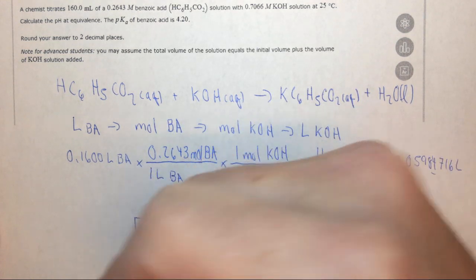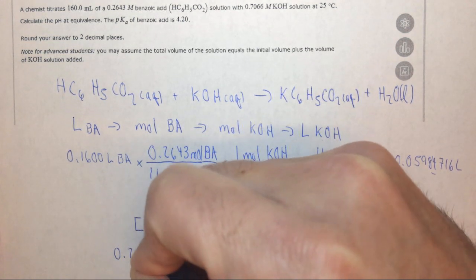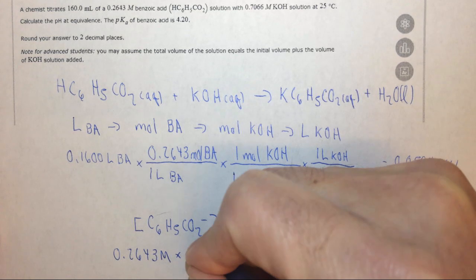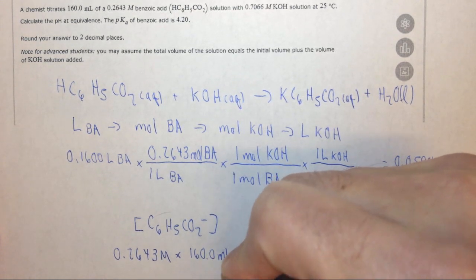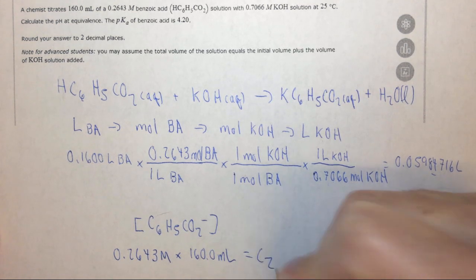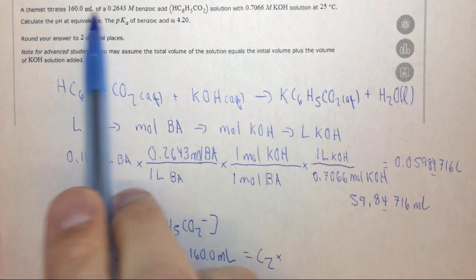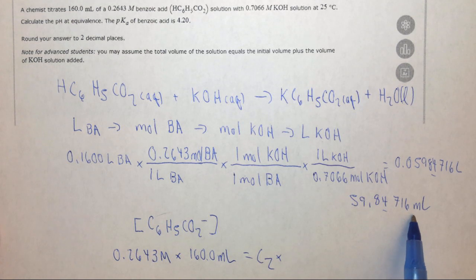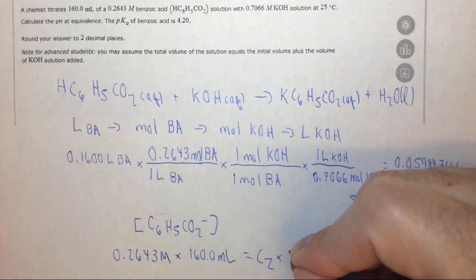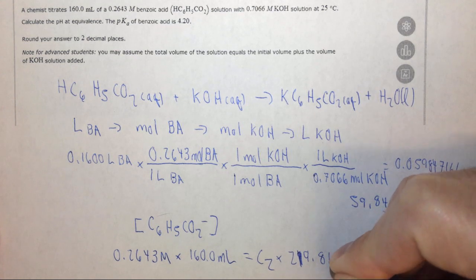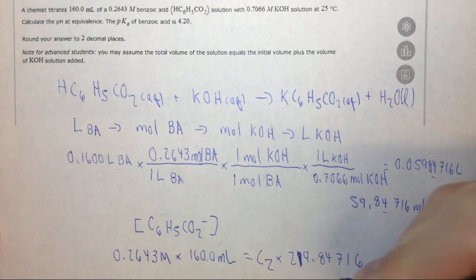So what we're going to do is take the 0.2643 molar, C1V1 equals C2V2, times the initial volume, 160.0 milliliters, equals C2, the final concentration, times the total volume, the 160 milliliters of the original benzoic acid plus the 59.84 milliliters of the base that was added, which is a total of 219.84716, where that's the sig fig.